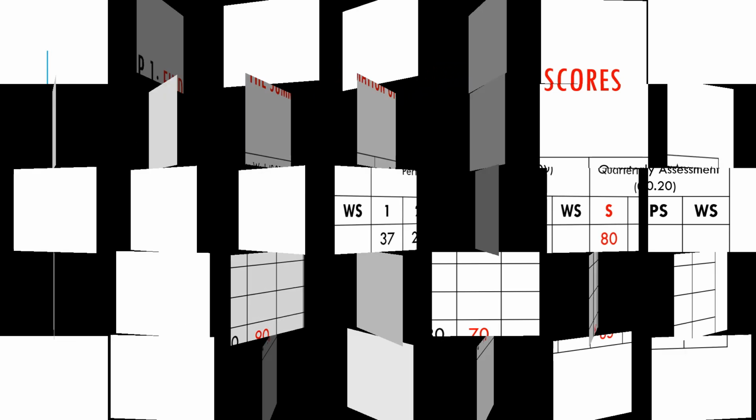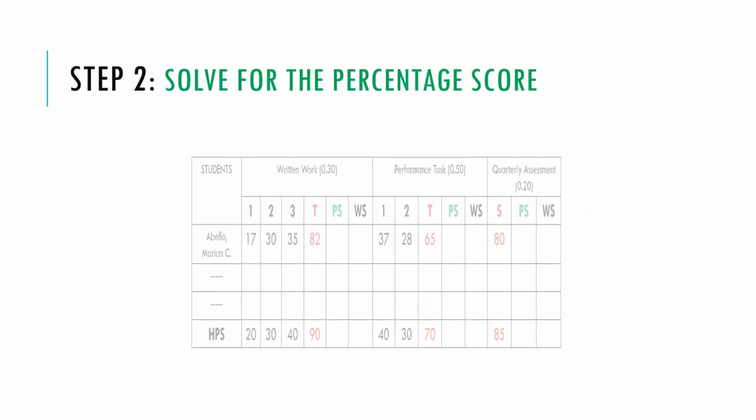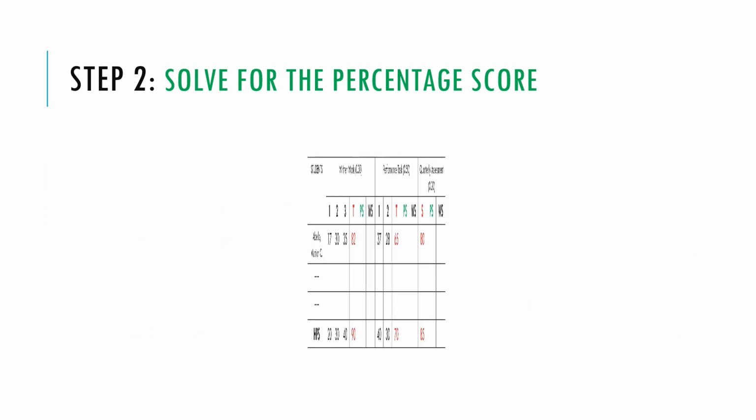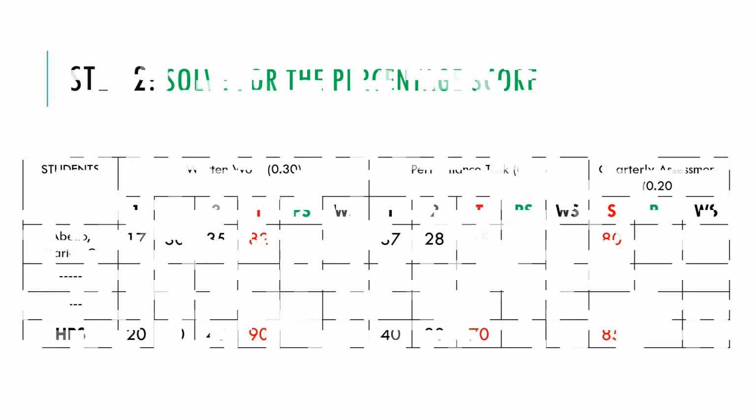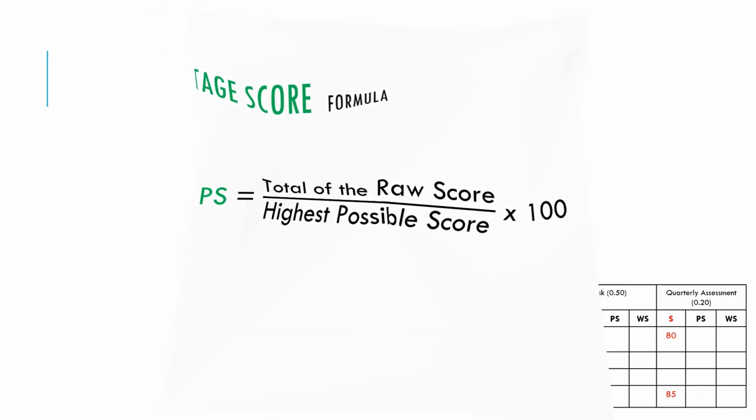Now let's proceed to the second step. The second step is to solve for the percentage score, or PS. The percentage score has a formula of the summation of the raw scores over the highest possible score times 100.